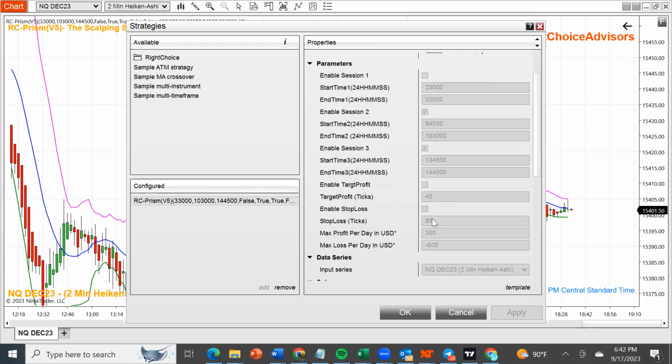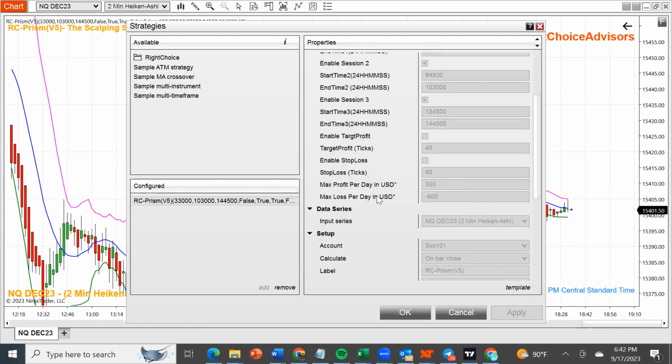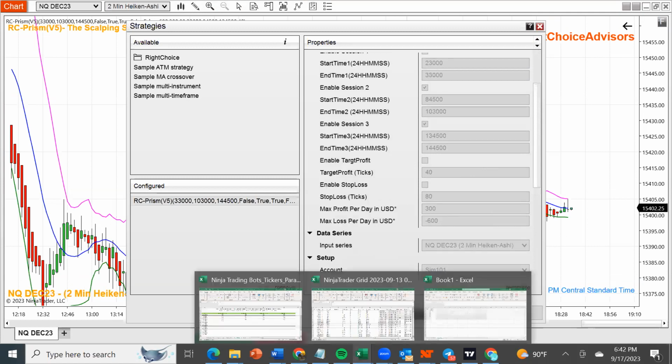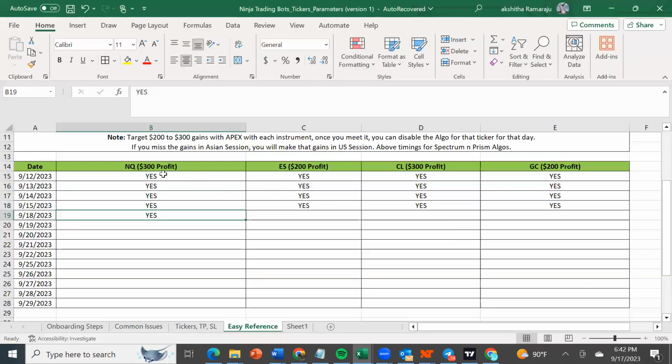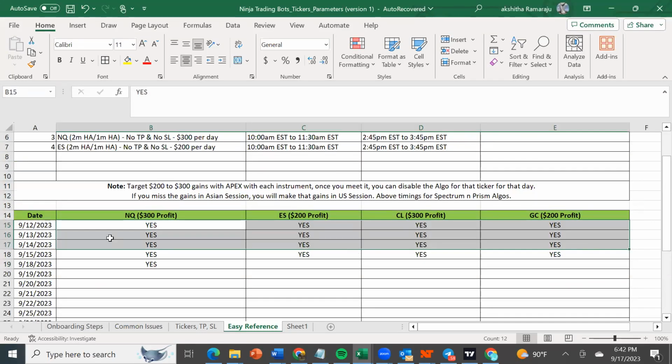You can have them with that particular setting for the entire week. So that's why start with small targets and you will be able to achieve them easily. If we go with I want to make $2,000 with NQ in one day or $1,000 with ES, you might be making $600-700 and again it may go to zero or it may also become negative.